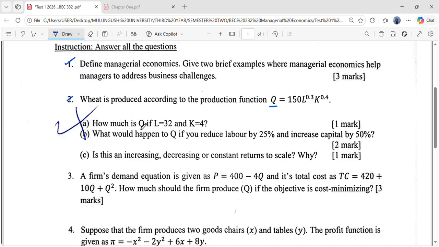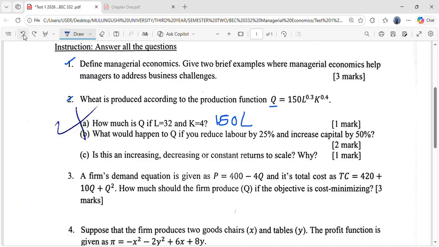So how much is Q when L is 32, with power 0.3, and K is 4, with power 0.4? You just substitute and get your calculator.